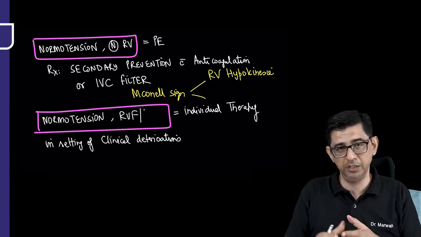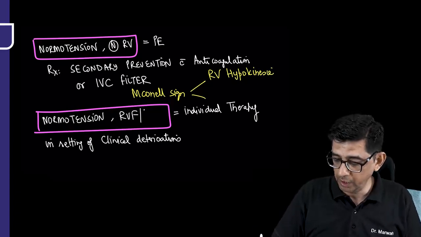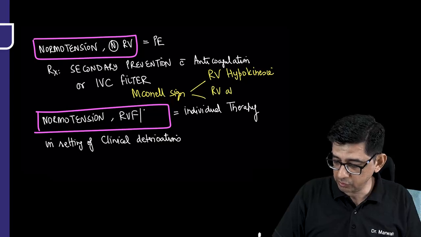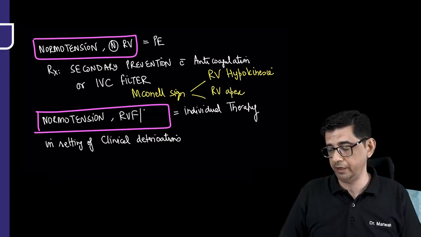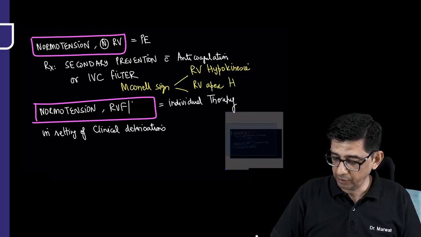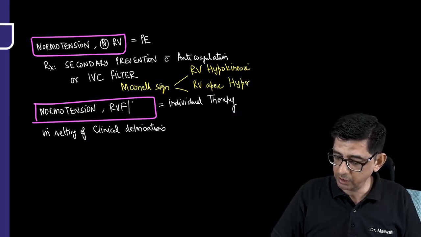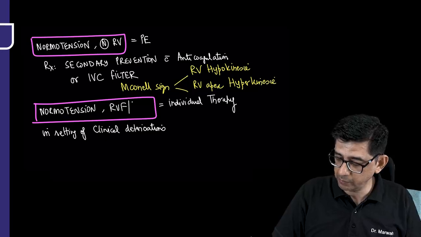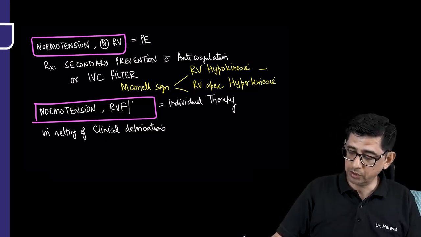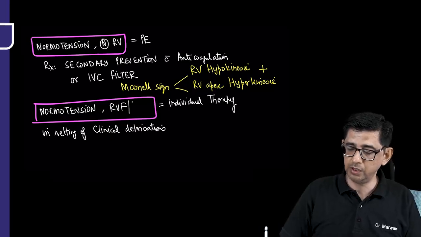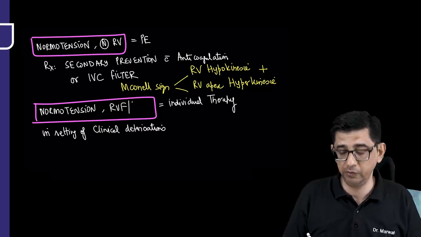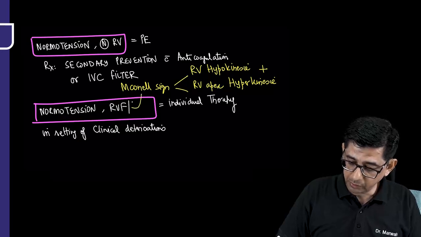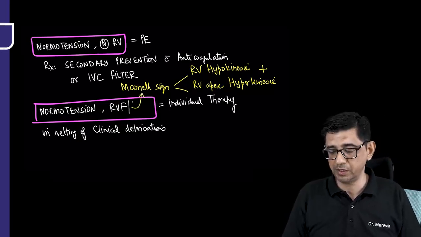Understandable, the right ventricle is dilated, so it's not working properly. But there is a second finding which is also seen here, which is in the apex of the right ventricle. That is right ventricular hyperkinesia. So remember my statements, McConnell sign is a combination of right ventricular hypokinesia and right ventricular apex hyperkinesia.